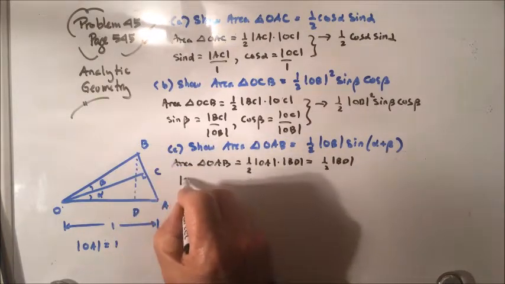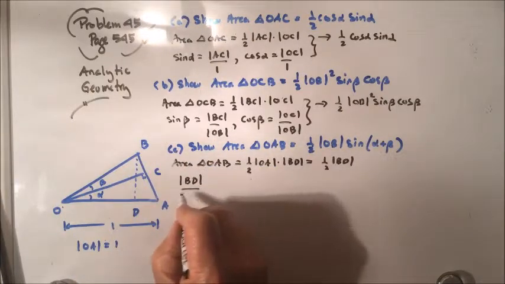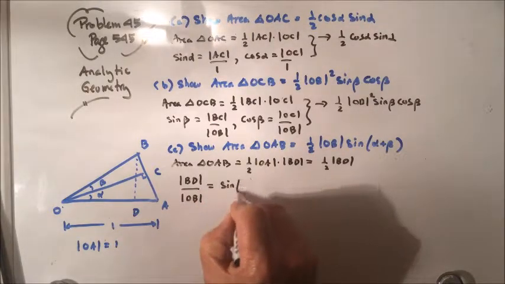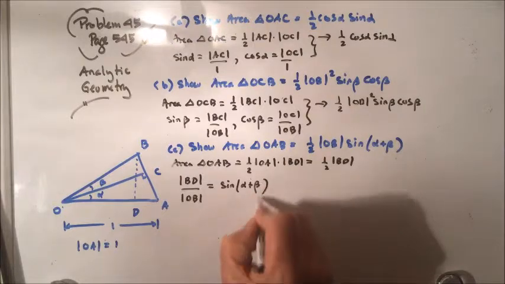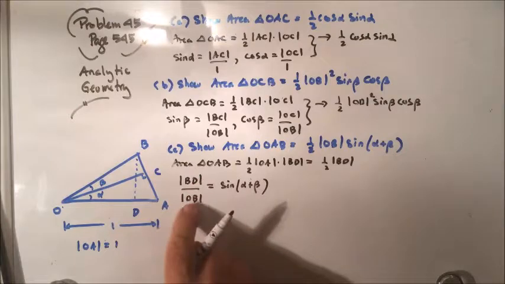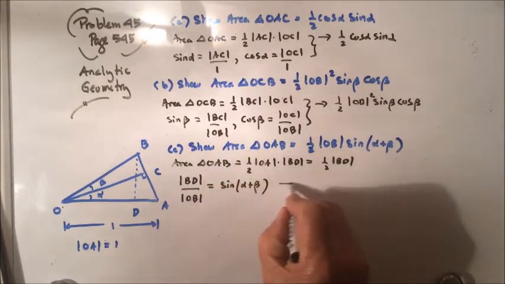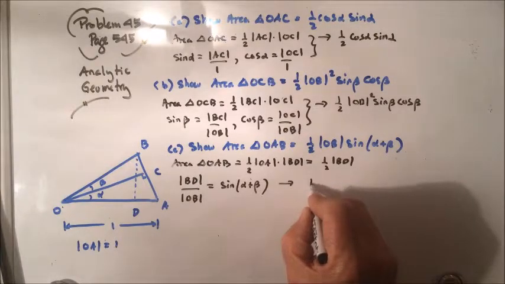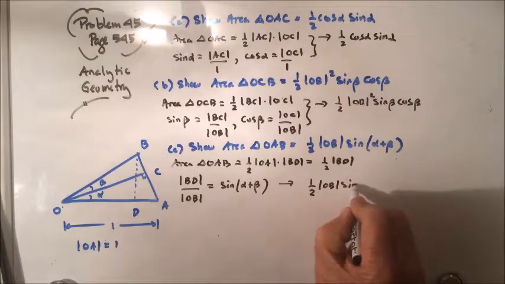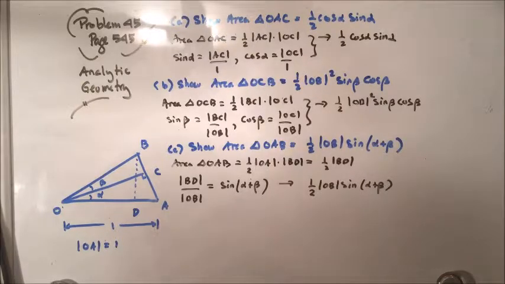So the height BD divided by the hypotenuse OB is the sine of alpha plus beta. And so the length BD is just OB sine of that. Multiply that by 1/2, and we get 1/2 OB sine of alpha plus beta. All right, so we're doing what they want.